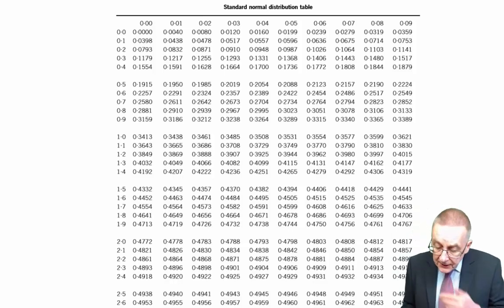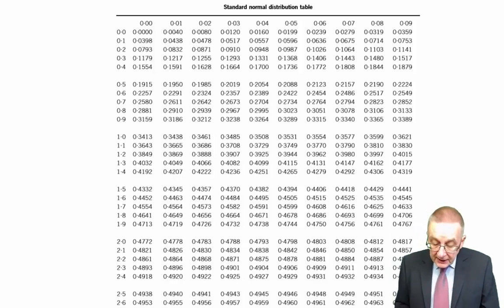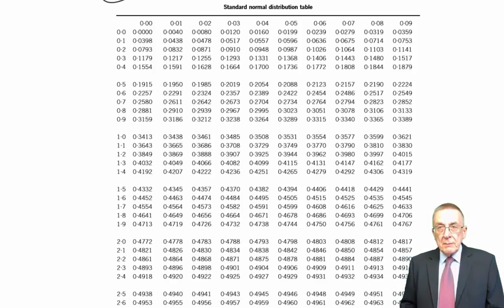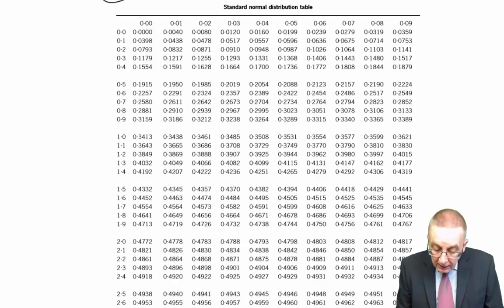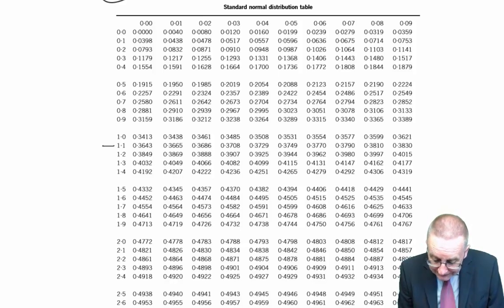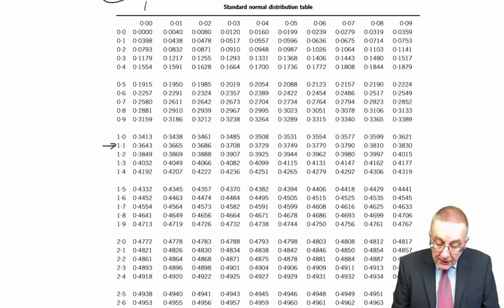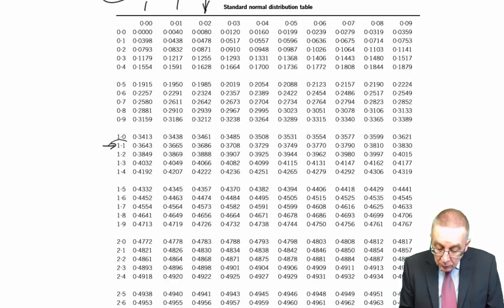So for instance, if I wanted to know the probability of being 1.12 standard deviations away from the average, we look at the 1.1 row, and as you move along, this column is 1.10, this column 1.11, here 1.12.